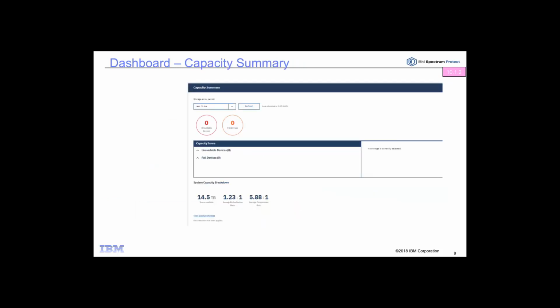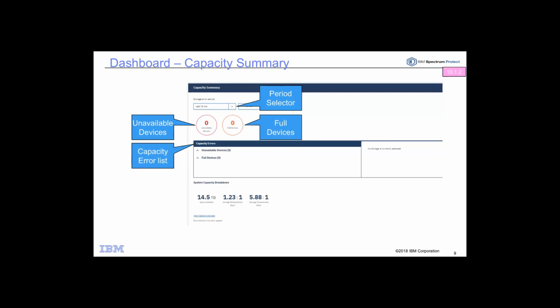Moving down through the dashboard, there is the capacity summary, and again, you can change the period for which errors are displayed; you can select 12, 24, or 72 hours. You can see a list of unavailable devices or full devices, and get further information about the errors occurring on those devices.